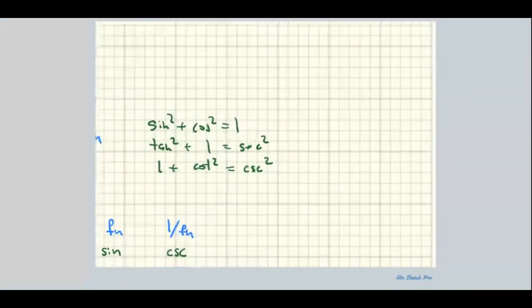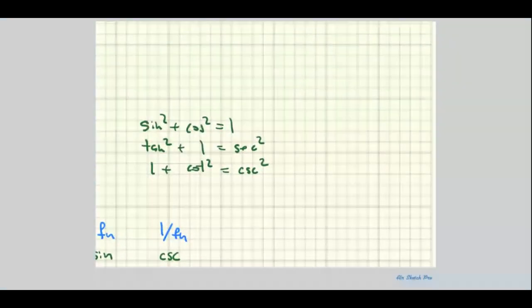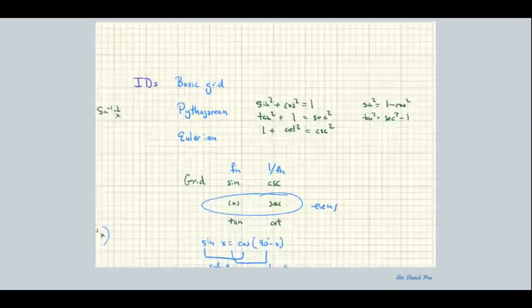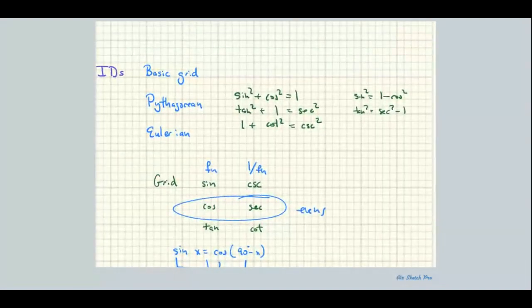Of these, the first two are the most important, and I'll just write their usual way that you'll see them. Sine squared is 1 minus cosine squared, or tan squared is sec squared minus 1. Those are the two most important ways of seeing these, because that will come up when we do trig substitutions in Calc 2.